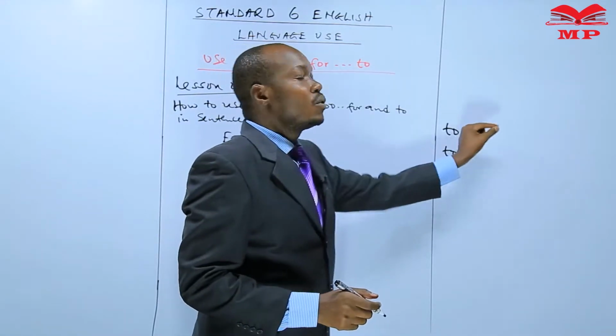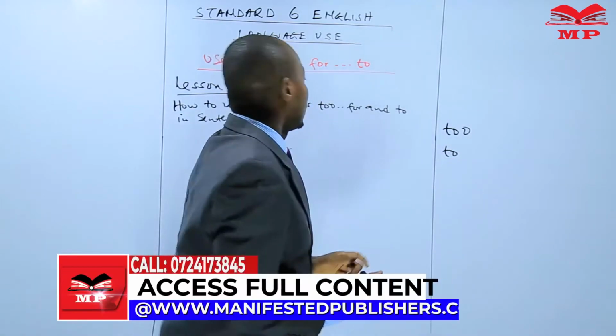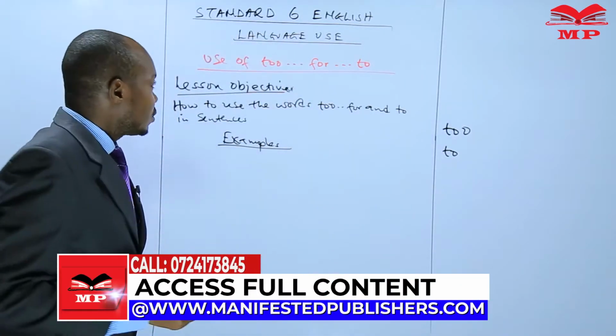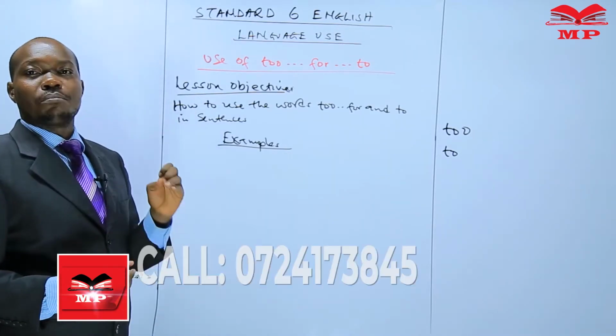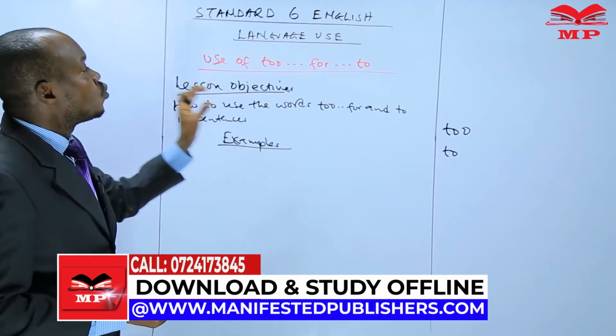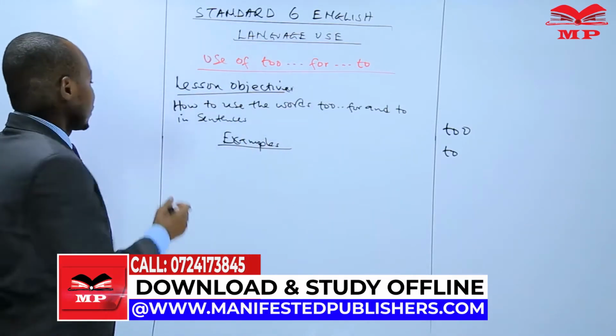So these are long sounds, to and to. So I want to give you examples of sentences that have the words to, for, and to in the same sentence.